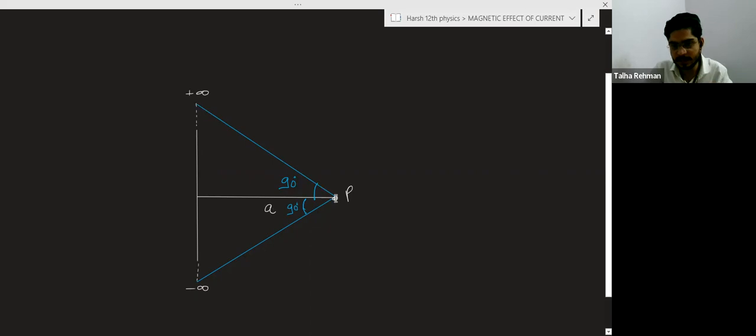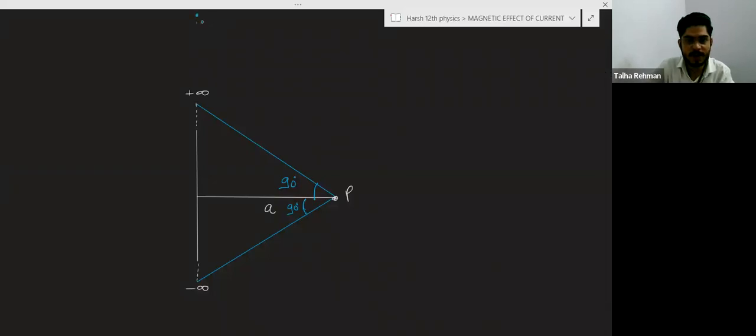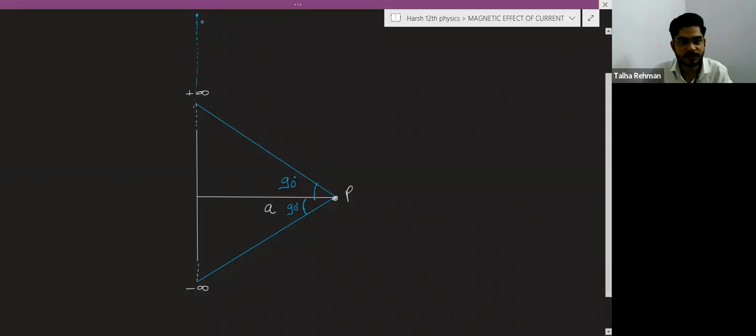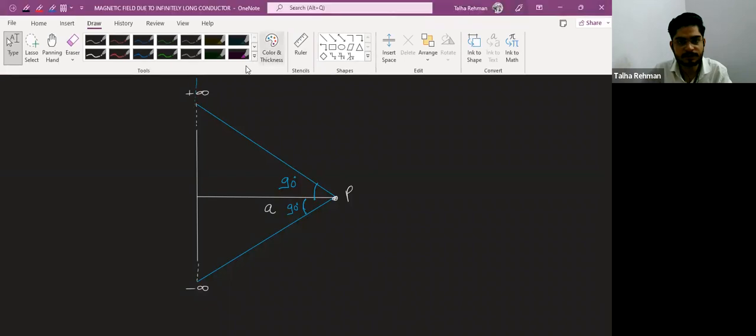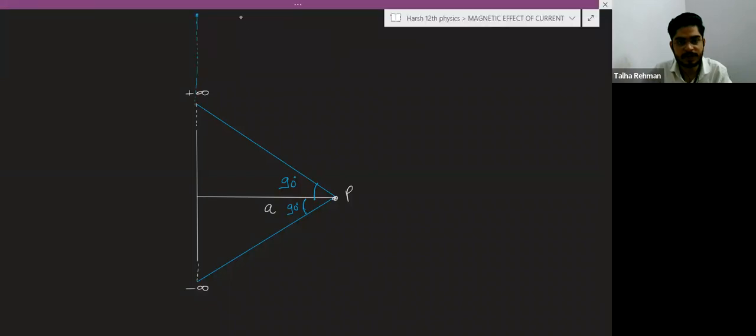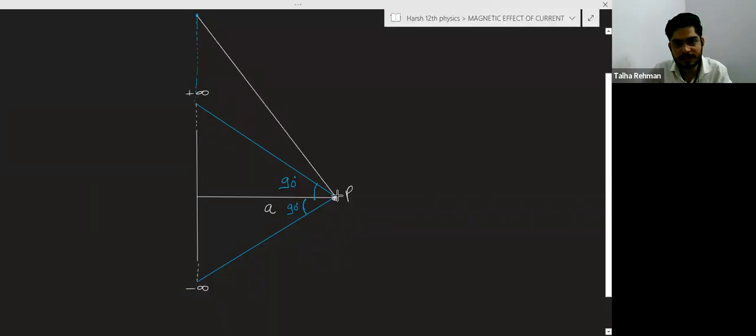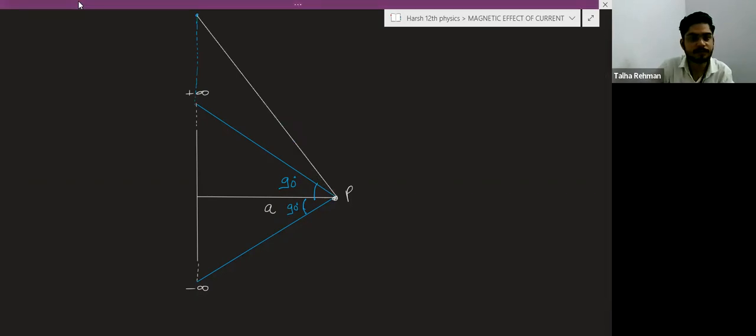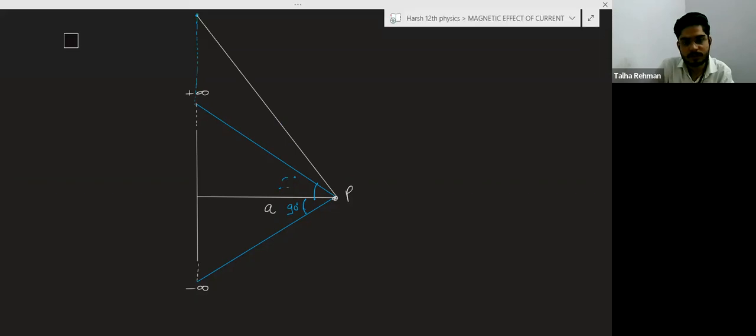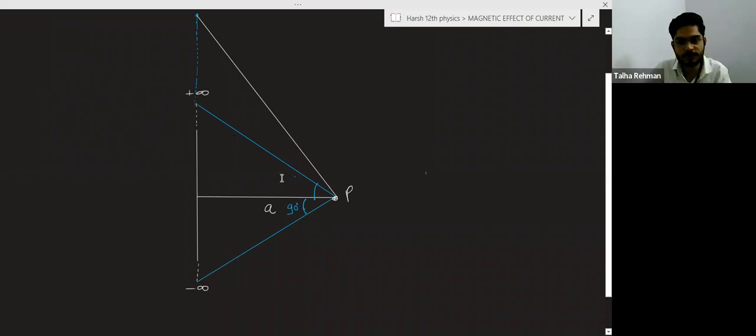Here is a point, and this wire is going like this. Suppose we don't know what this angle is.